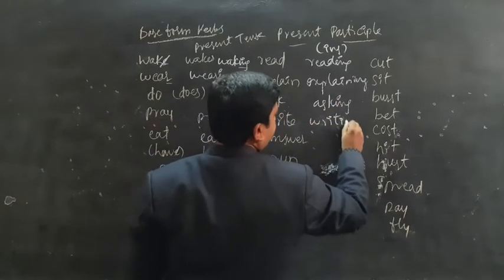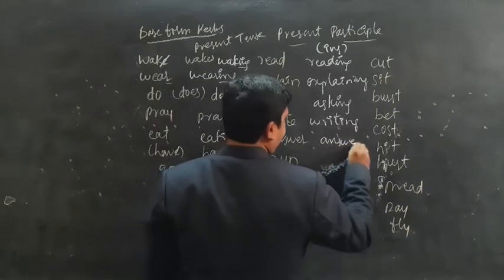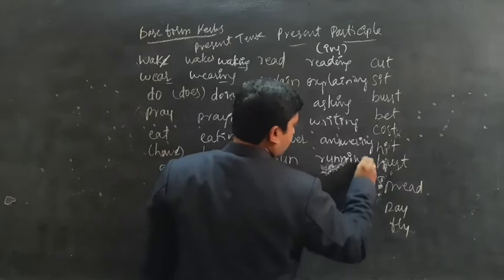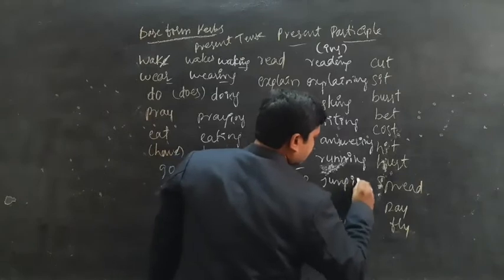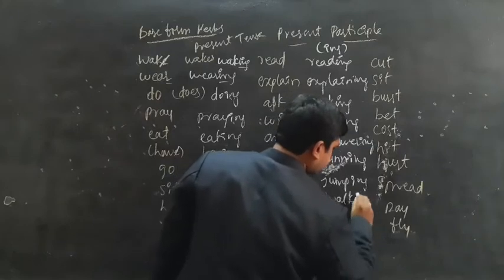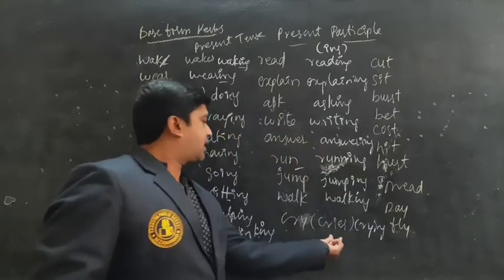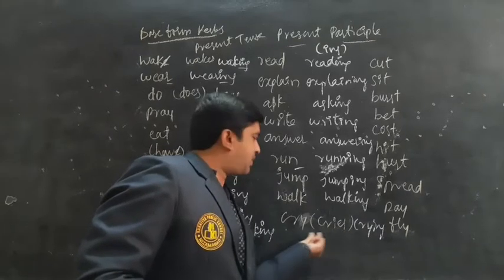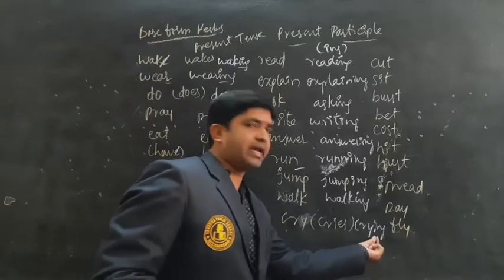Here we have to remove e and add ing. Answering, running. Here we have to double the last letter. Jumping, walking, and crying. Here cry changed to cries by adding ies, but when we are adding ing, there is no change in it.